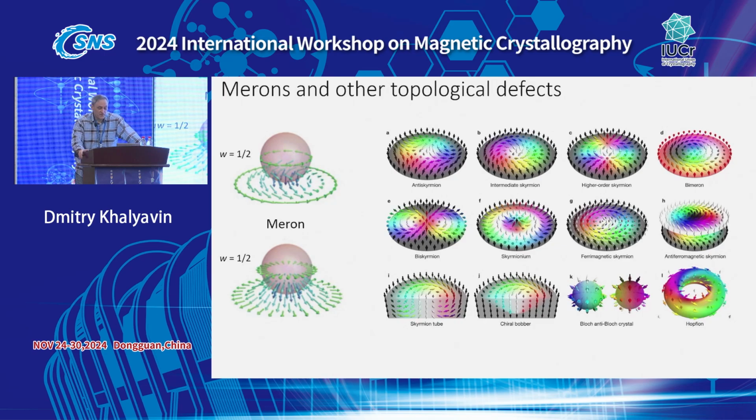So skyrmions are not the only two-dimensional topological objects. There are plenty of other ones: anti-skyrmions, merons with topological charge one half. Anti-skyrmions are a bit like skyrmions, but to quantify them you can also introduce other quantities like helicity, vorticity, and so on.